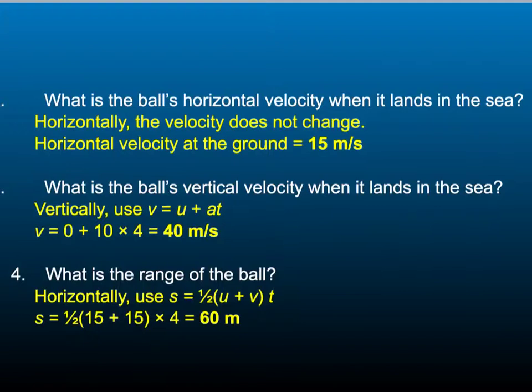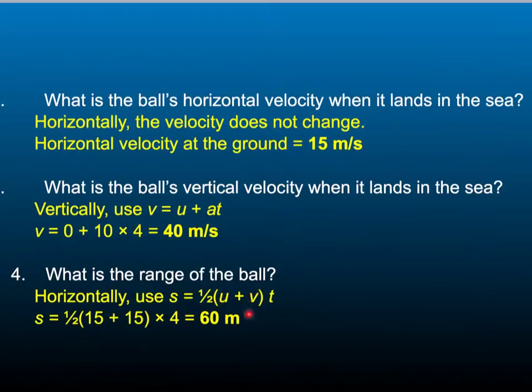Okay, and the last one, when we are talking about the range of the ball, or the distance the ball has gone from the bottom of the cliff, we are only using the horizontal velocity, or the horizontal components. We want S, which is going to be the distance from the bottom of the cliff. We have U, which is 15.